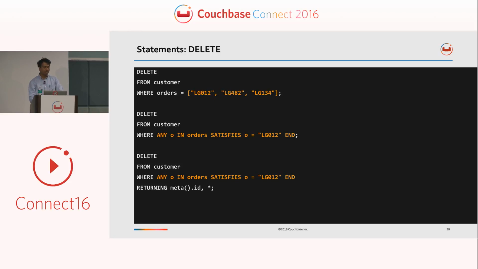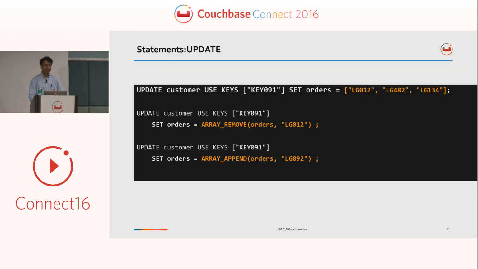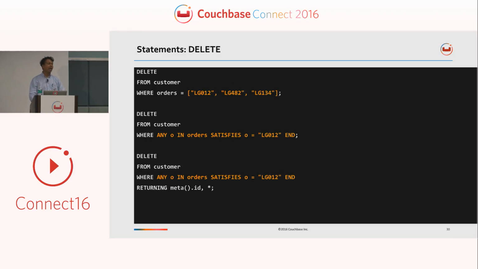And same expressions, and the third statement simply shows that once you delete, you can also return the values that you just deleted with returning meta ID and star. Star means returns the whole document, just like SQL returns the whole row, we return the whole document.